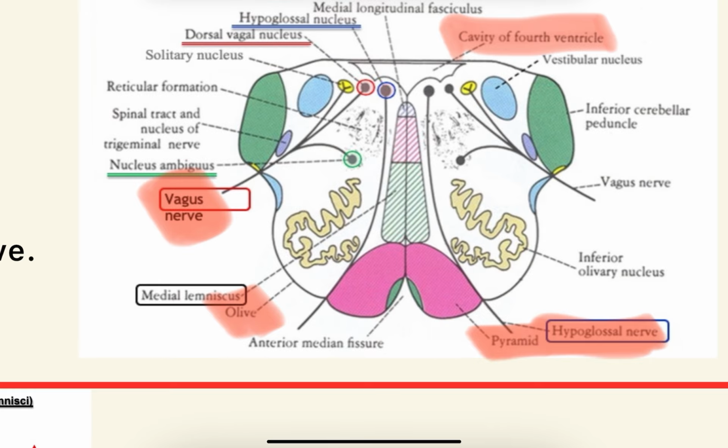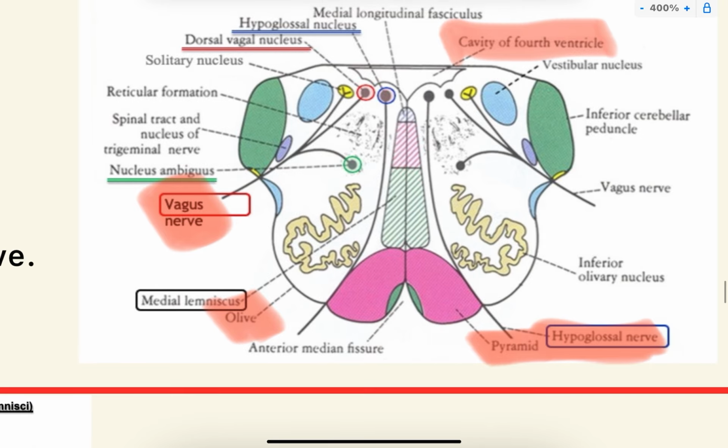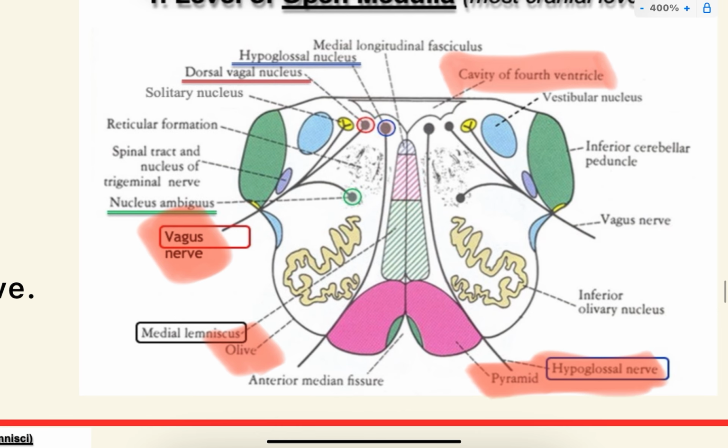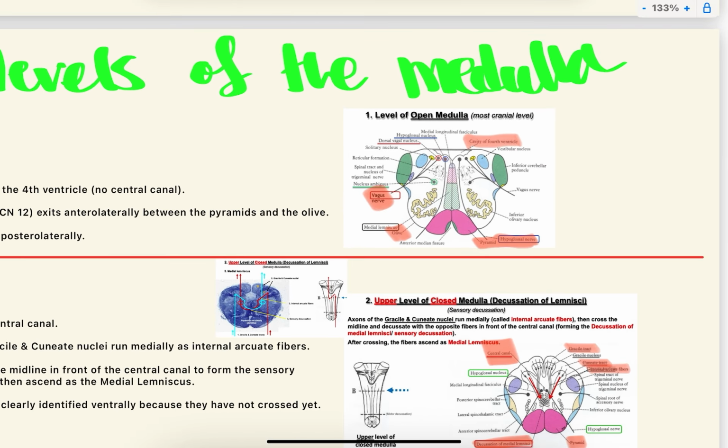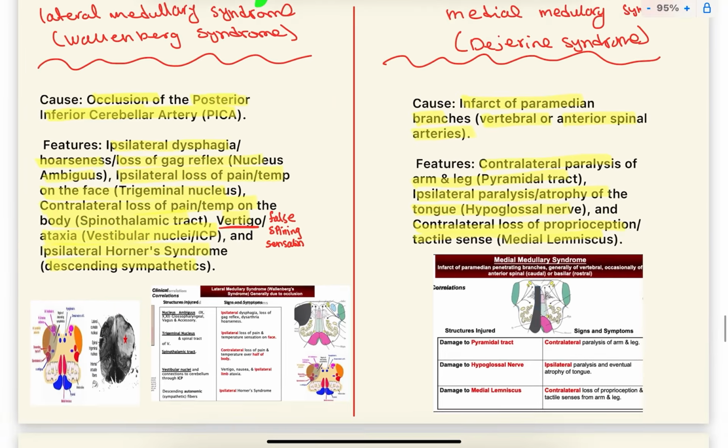And we have here the trigeminal nucleus, okay? And the solitary nucleus. So again, this is the nucleus ambiguus, and this is the trigeminal, yes, and this is the solitary nucleus, and this is the dorsal vagal nucleus. So know their places, and when we talk about each and every one, you get to know what becomes affected.